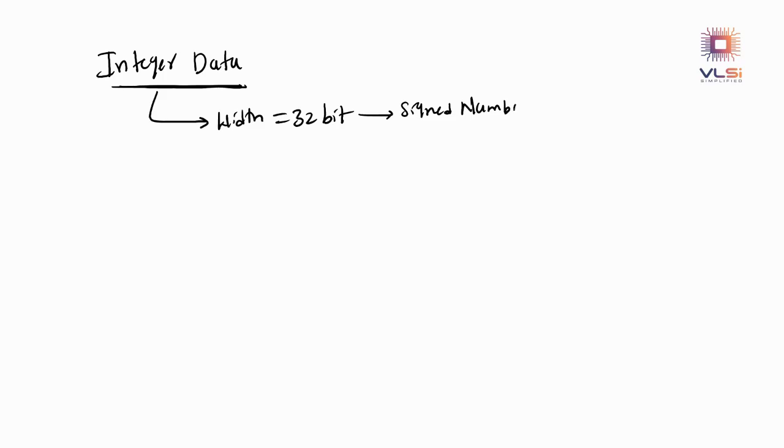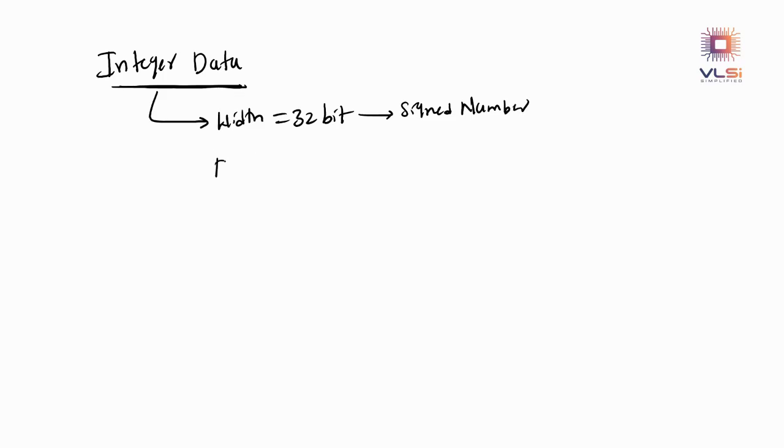So reg and wire are unsigned data types; they will store only positive values. In order to store negative values, we need to go for the integer data type. In the integer data type, the width is 32 bit, and it will store signed numbers.